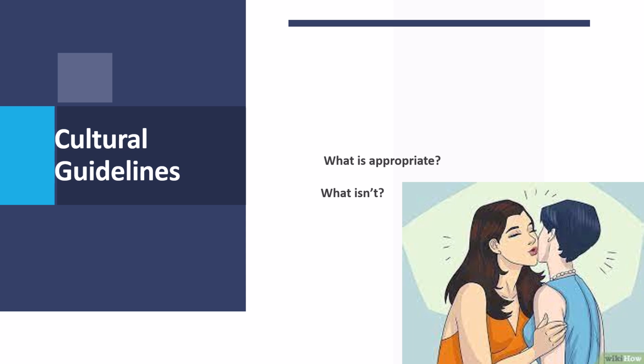Let's talk about cultural guidelines, what is appropriate and what isn't. There are a number of things across different cultures that may be appropriate there, but they aren't appropriate here, or vice versa. One of those is the cultural greeting of kissing the other person on the cheek when you greet them.